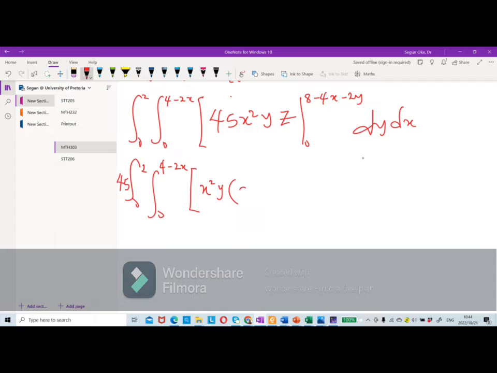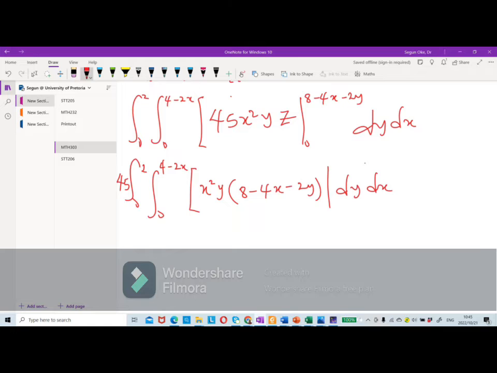In brackets, 8 minus 4x minus 2y, dy dx. You can open the brackets or integrate with respect to y straight, depends on you.